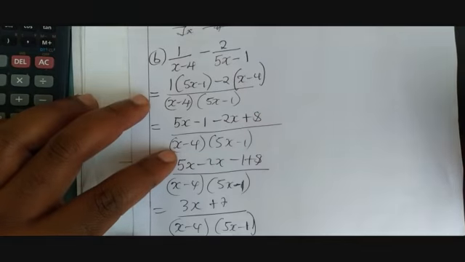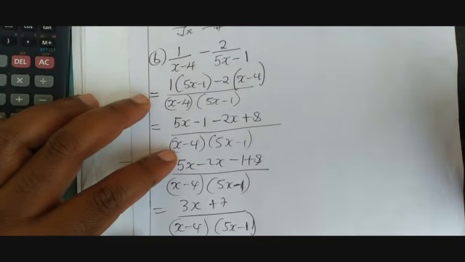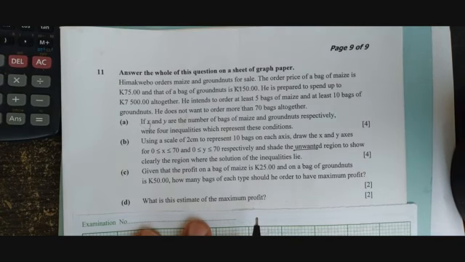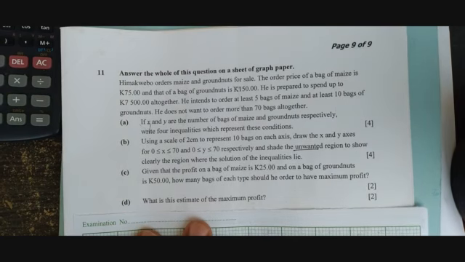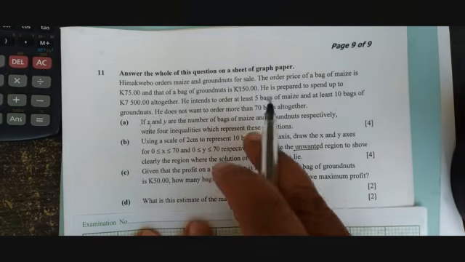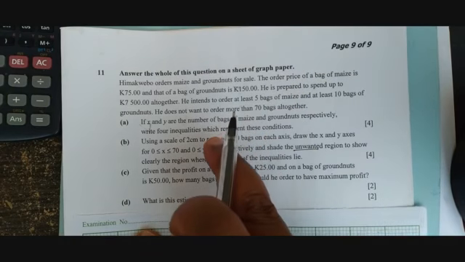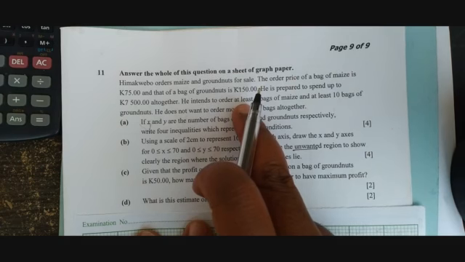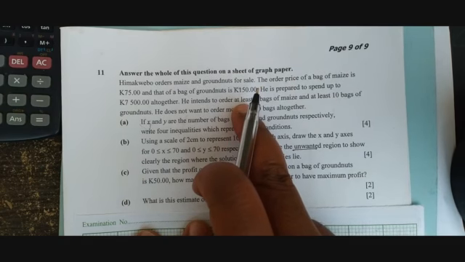Which brings us to the end of question 10. We are remaining with 2 more. Okay, we have question 11. You can pause the video and copy. So we are saying answer the whole of this question on a sheet of graph paper. Himakwewo orders maize and groundnuts for sale. The order price of a bag of maize is 75 kwacha, and that of a bag of groundnuts is 150 kwacha.